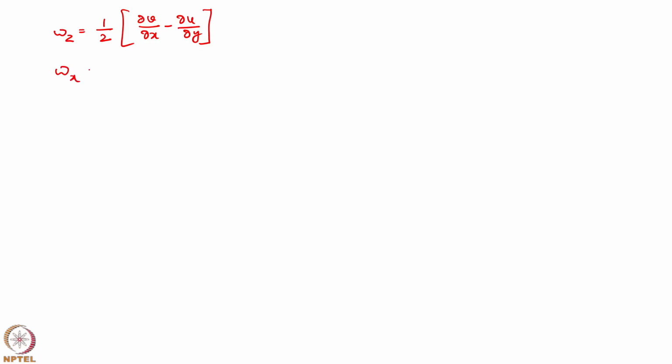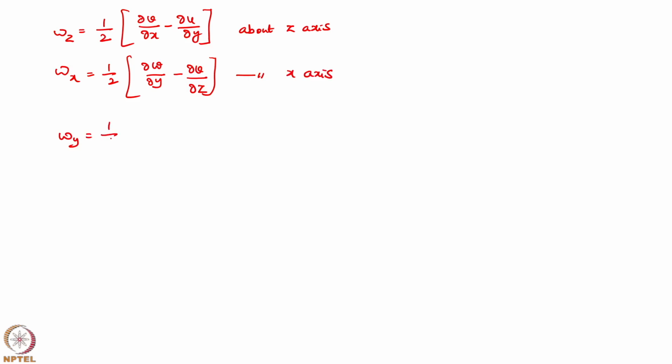Omega x, that is rotation of the element about the x axis, you can derive the same way: half of ∂w/∂y minus ∂v/∂z. This is about the x axis. Similarly, omega y equals half of ∂u/∂z minus ∂w/∂x. This is about the y axis.